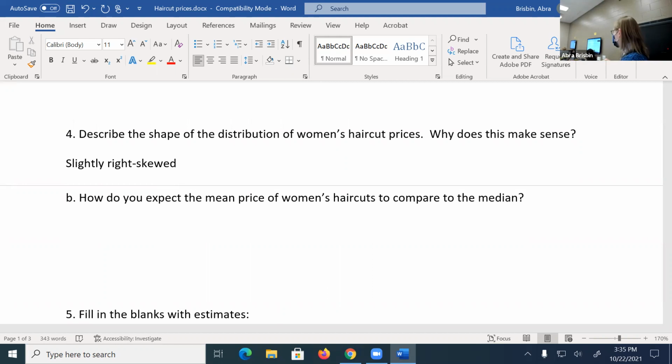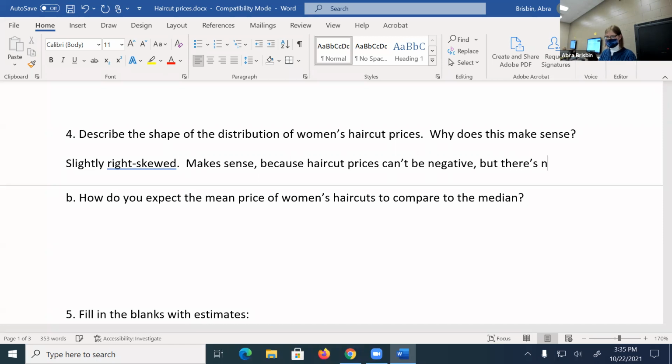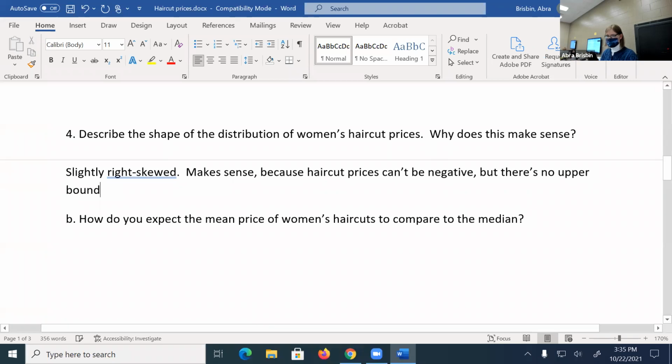Yeah, so we have a fixed lower boundary at 0. There's no particular upper bound.